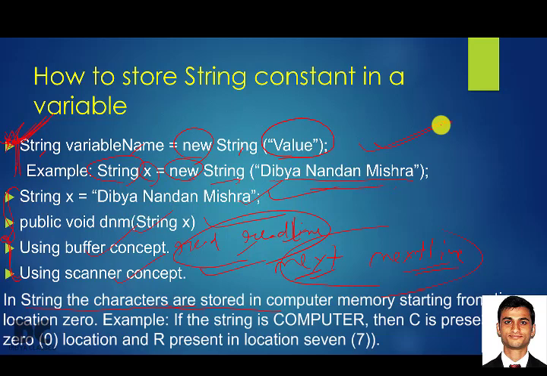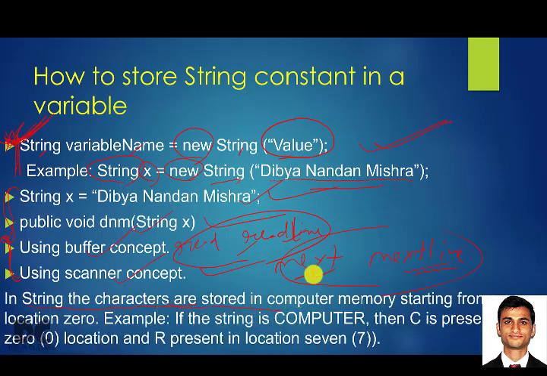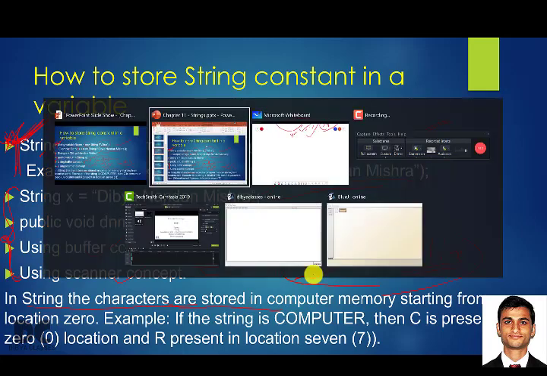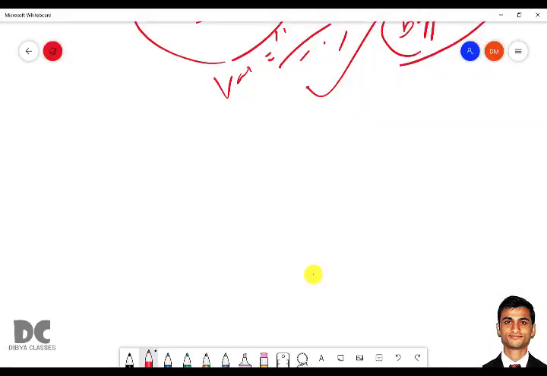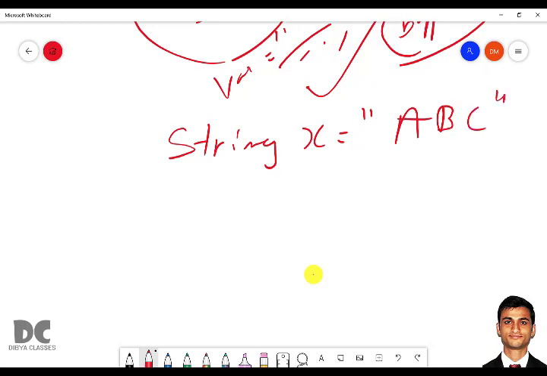So here the characters are stored in computer memory starting from location 0. Okay, so you have to remember this thing. In string, for example, you are storing String x equal to ABC. So when it is stored in the system, a location is given for each character. That is, the location of A is 0, B is 1 and C is 2.